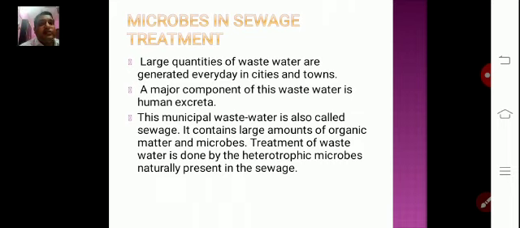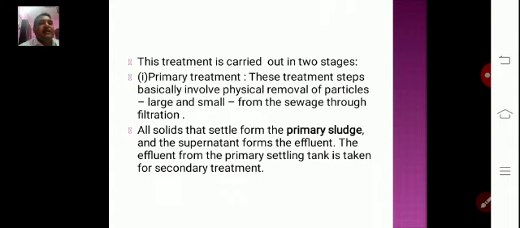Heterotrophic microbes that are naturally present in the sewage carry out the process of decomposition. There are basically two stages of treatment. The first is primary treatment. This process involves physical removal of large and small particles from sewage through filtration and sedimentation.